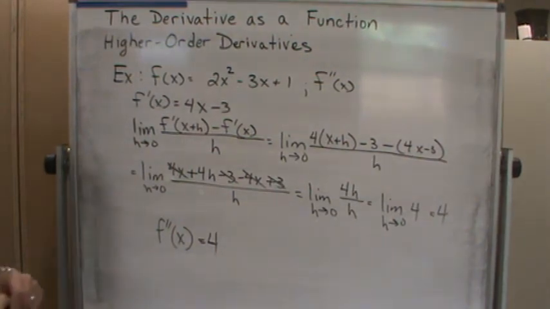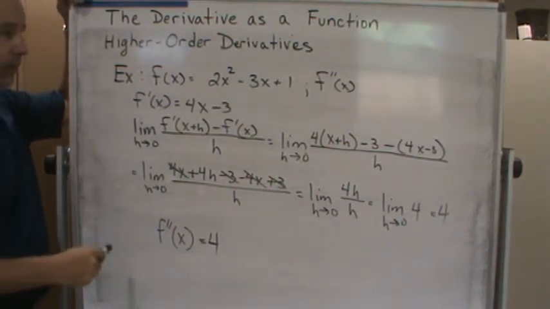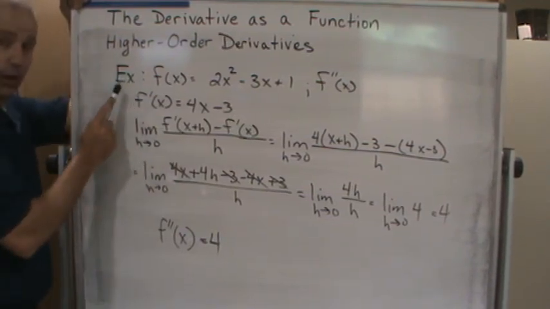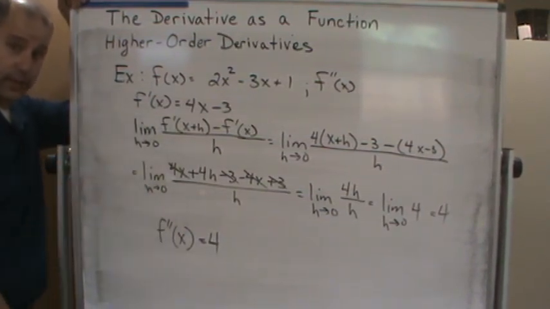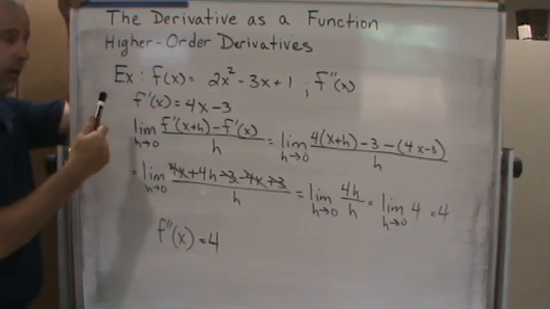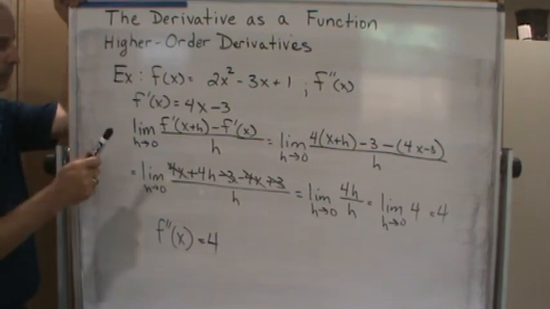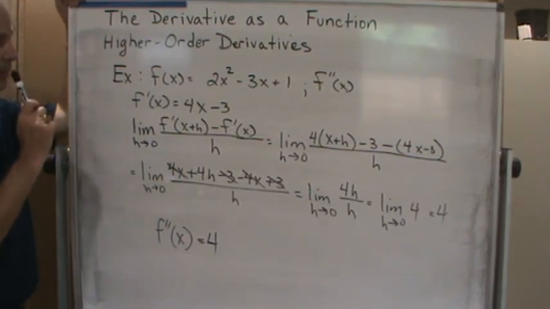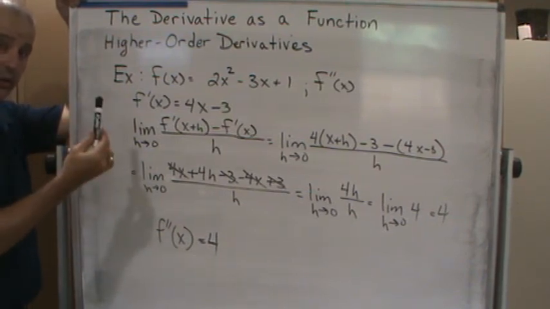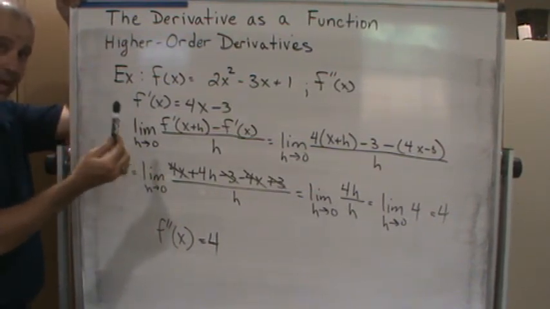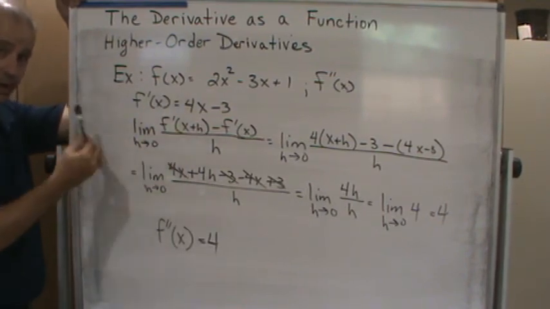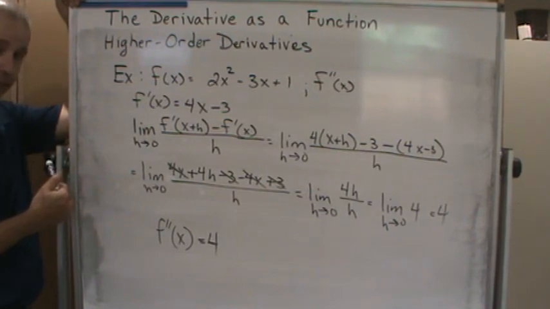So now what does this mean? Well, remember, the first derivative gives you the change in the function. So it's a slope function. It tells you how the slope is changing, or how fast, let me say that again. The first derivative, we call it the slope function because it tells you what the slope is at every point in the domain, right?